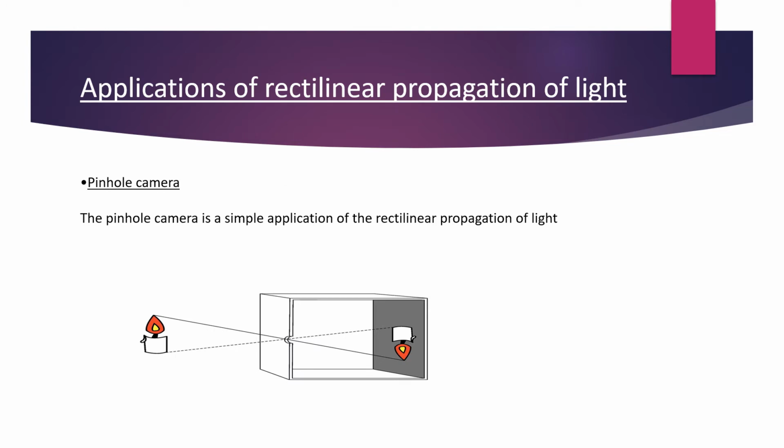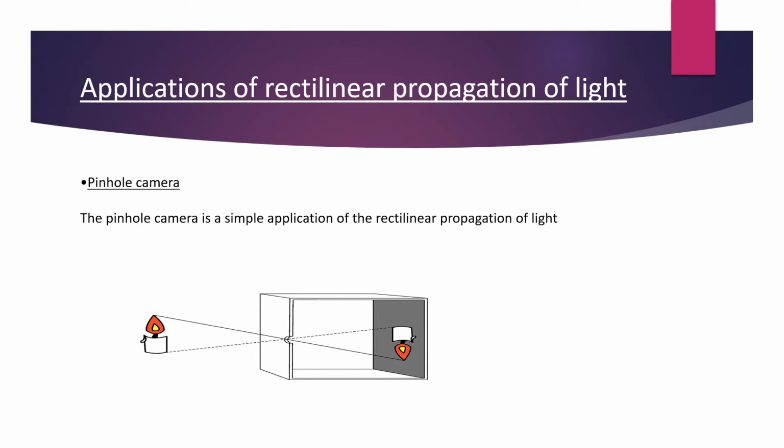Applications of rectilinear propagation of light. Pinhole camera. The pinhole camera is a simple application of rectilinear propagation of light. The given diagram shows a pinhole camera.